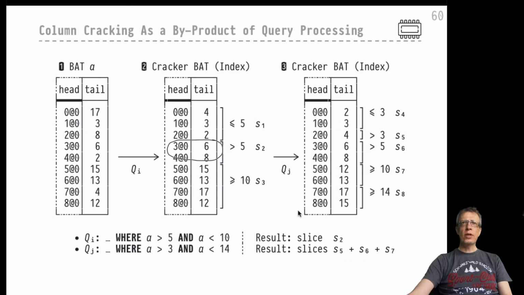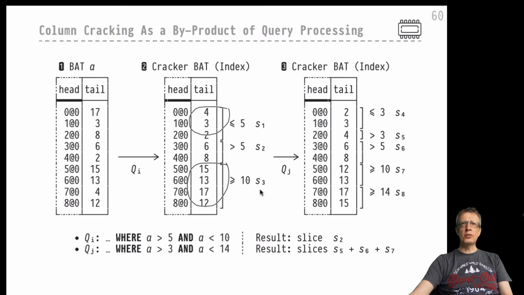Okay, everything around this interval, around this slice, is of course also present in the cracker BAT, but it remains unsorted because it has been of no interest in our query workload. The values are present, but we just qualify them as those values less than 5, so just less than the values in the result slice, and the values greater or equal to 10, so they lie just outside the slice S2 that was interesting to our query evaluation.